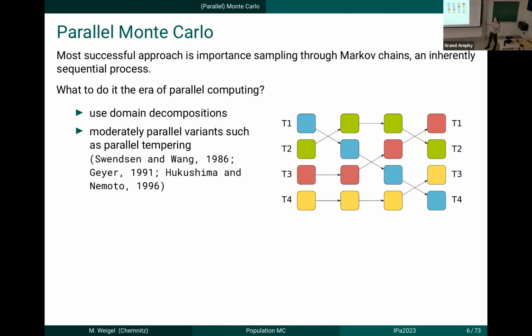These different colored boxes are the same system run at different temperatures, and then you do update steps, and every so often you propose an exchange of the copies typically sitting at neighboring temperatures. This is not a necessity. You could also propose exchanges at a larger distance, but the largest acceptance rate will be for neighboring temperatures. That way, copies can essentially make something like a random walk in temperature space.